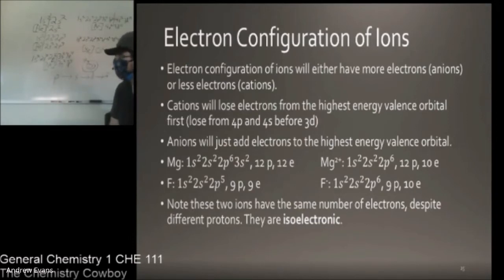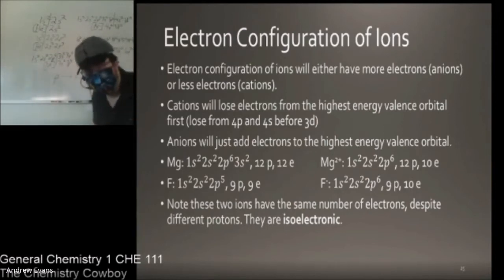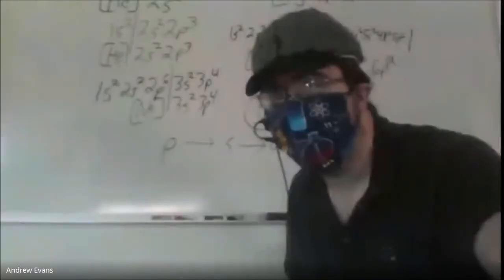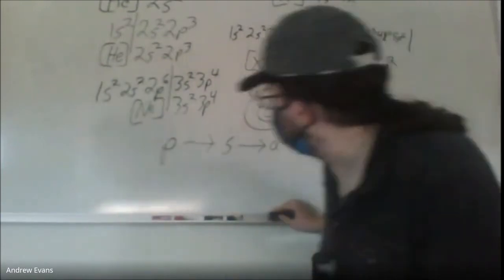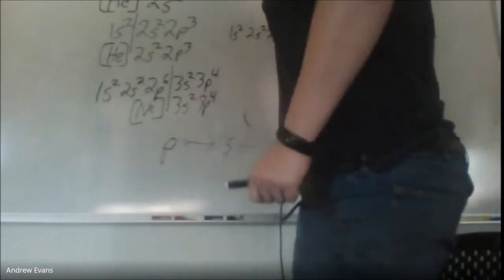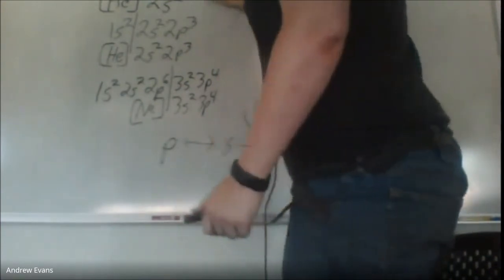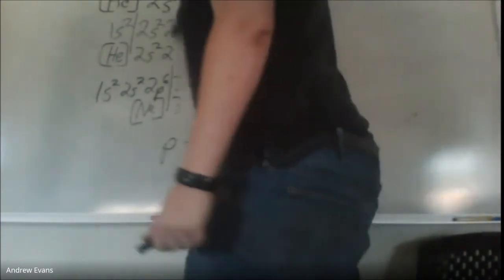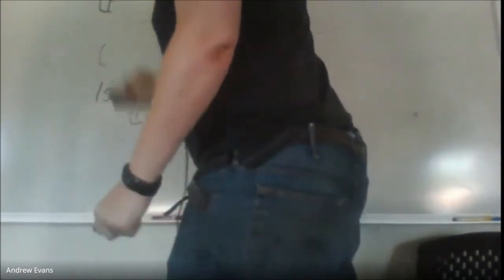But I want to briefly give an example of this electron configuration in terms of a transition metal. Let's erase this and do iron real quick. Iron's a perfect example. Iron has a +2 and a +3 oxidation state.